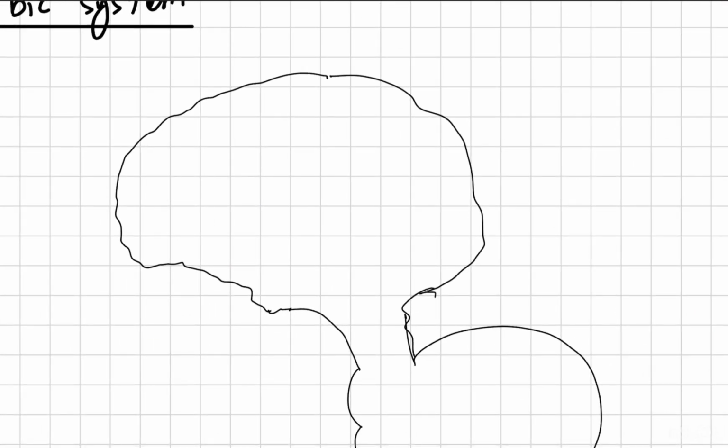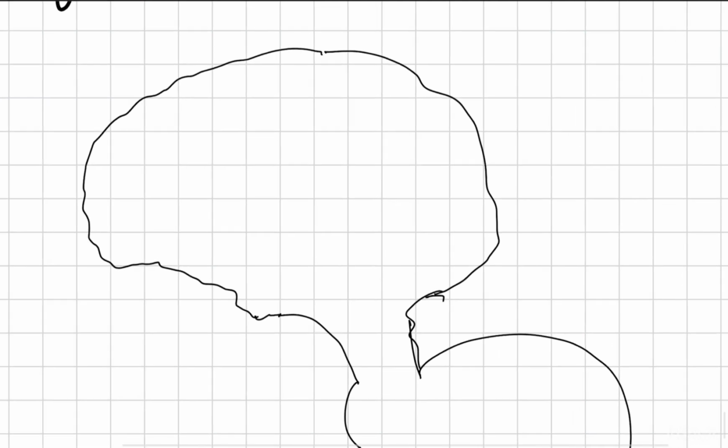So in between, there is a portion divided as the prefrontal cortex.